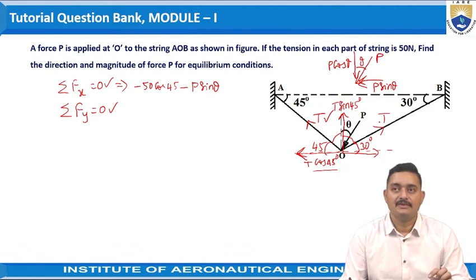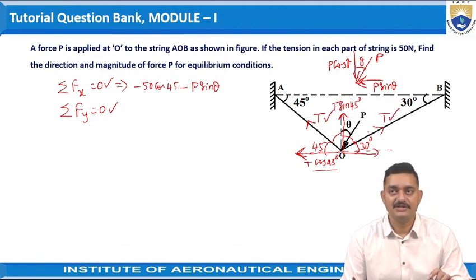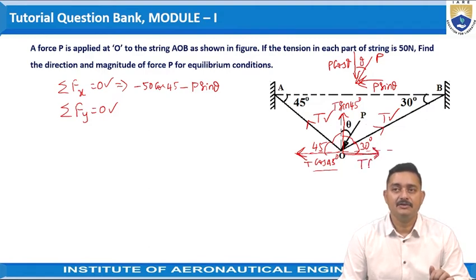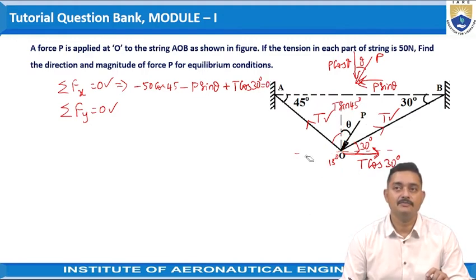Now coming to this T application, the component would be T cos 30, and this T cos 30 is acting in the positive x-axis direction. So we can directly take that as plus T cos 30 degrees is equal to 0. So all the components add up to 0.